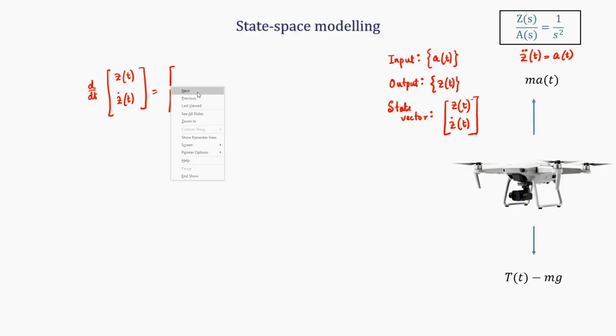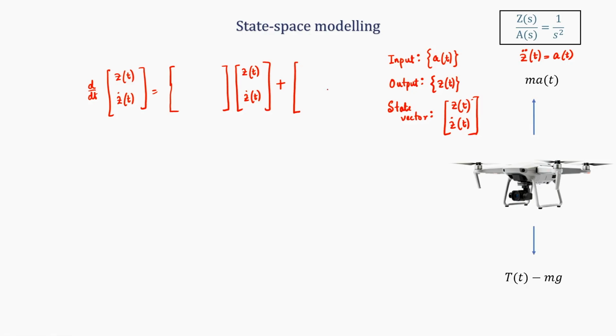So, now what will be the dimension of A? The dimension of A will be 2 cross 2 because n is equal to 2 here, the number of states are 2, right. So, this is a 2 cross 2 matrix. What will be the dimension of B? Because there is one input, acceleration is the input. So, this is a single input system. So, n cross 1, so 2 cross 1, right. So, B will be 2 cross 1, input is a of t.